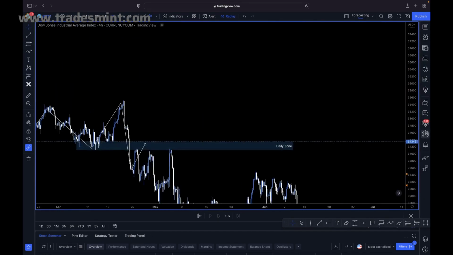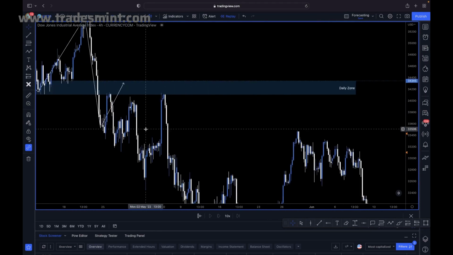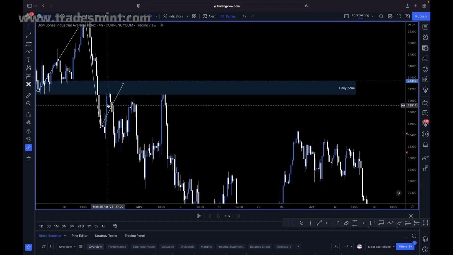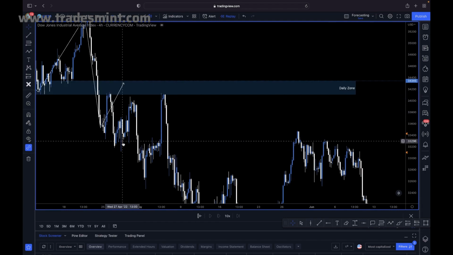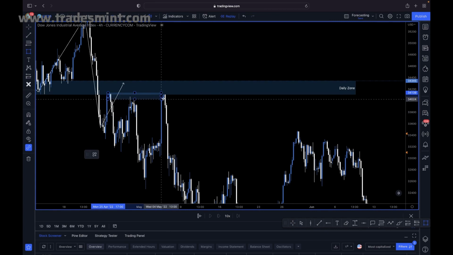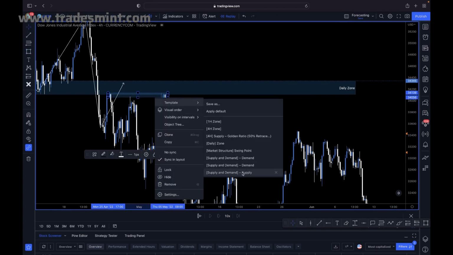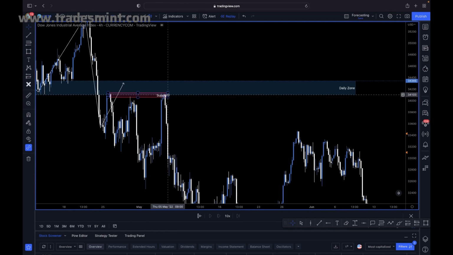Now what I'm going to be looking for is supply zones. So this one here, rally, base, drop. I have my basing candle there, and I am going to mark this as a supply zone.